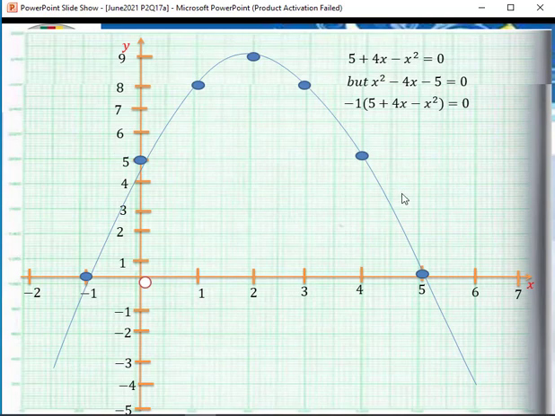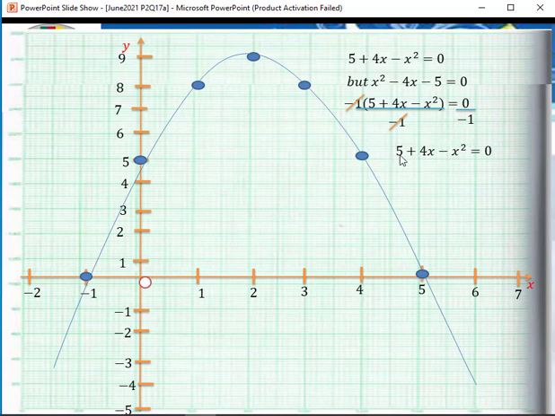We can divide both sides by -1. So if we divide both sides by -1, the -1 is going to cancel, and 0 divided by anything is 0. So we are going to have 5 plus 4x minus x squared equals 0, which is the same as the equation we have plotted the graph for.